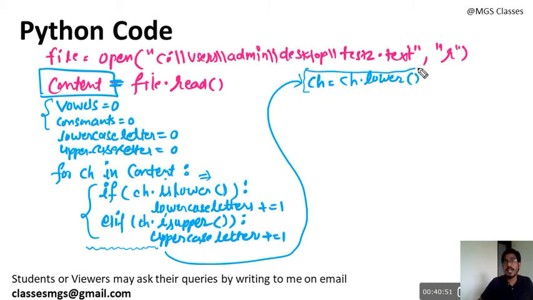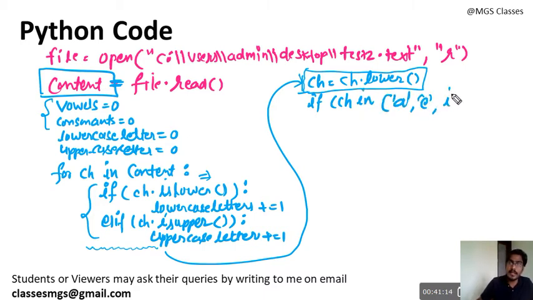To check whether it is a vowel or consonant, it doesn't matter whether it is lower or upper, but in the case of this checking it matters. That's why I am saying to write it at this position only. And before this, if ch in a, e, i, o, u.